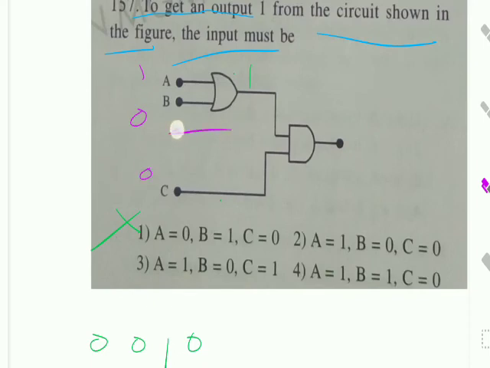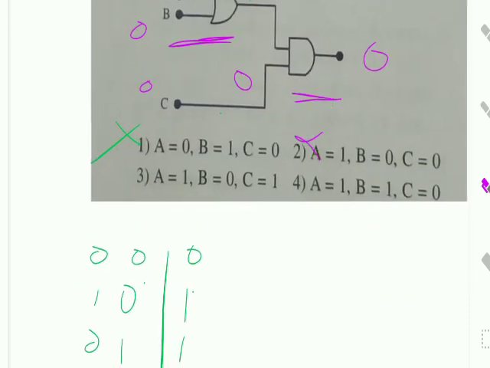So this is an OR gate, output also 1. OR gate 0 1 getting 1, c is equal to 0, 1 0 getting AND is equal to 0. So second is also wrong.